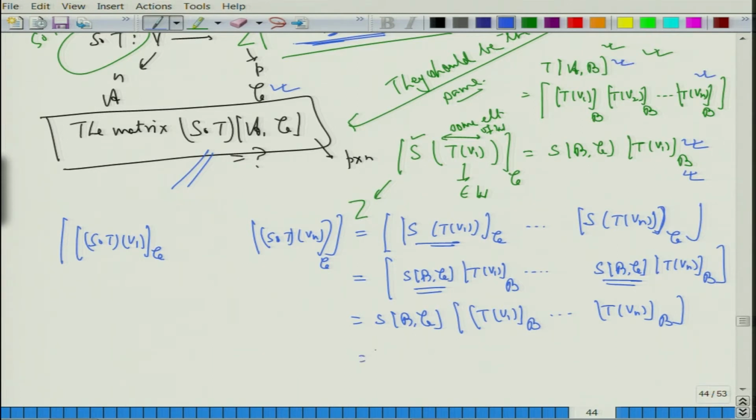So this is equal to the matrix, so I have already S of BC, and this matrix is T of AB. So I have got the matrix. Is that okay? So the matrix is very simple.